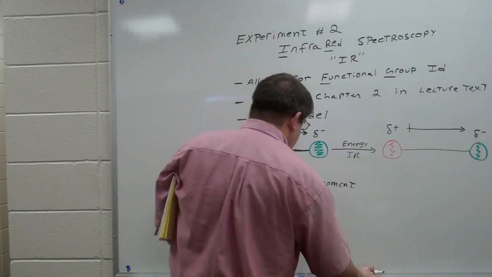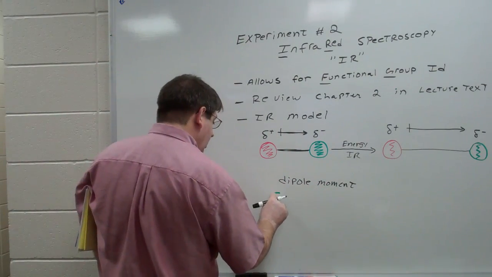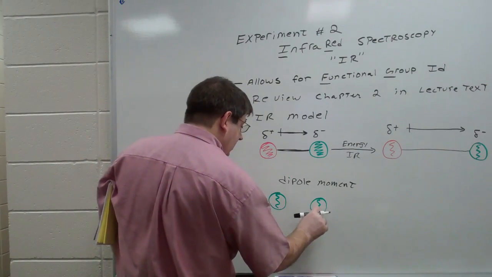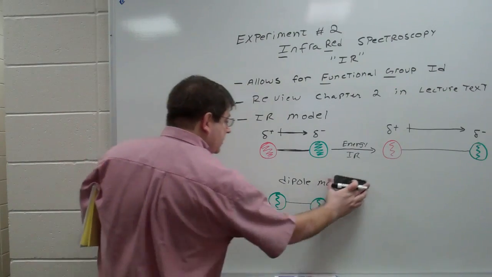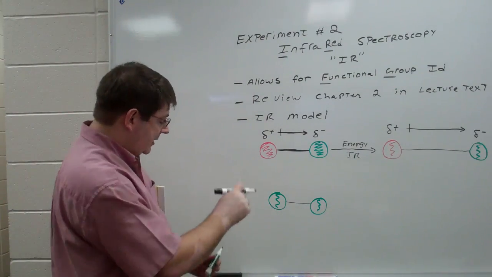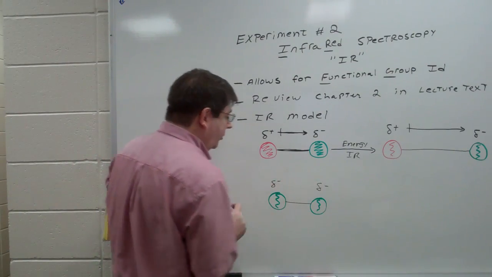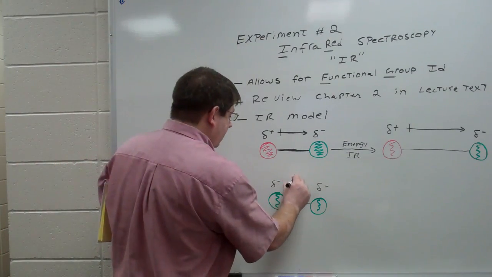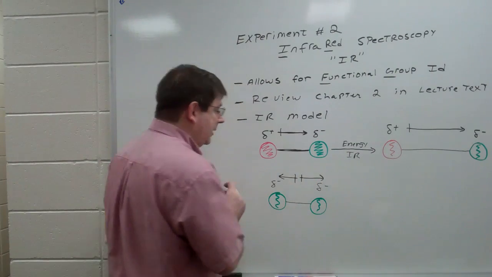However, one can imagine a situation where we have two green atoms connected together. Let me erase this up here from the top so we can see a little better. Okay. And in this case, we notice that both of them are electronegative, pulling electrons to themselves, and the dipole moment in this direction is canceled by the dipole moment in that direction.